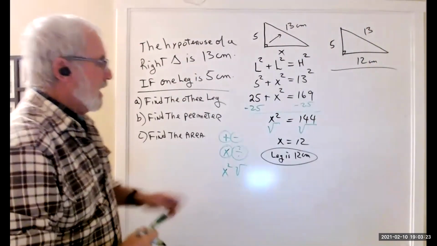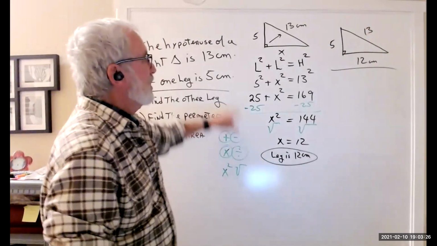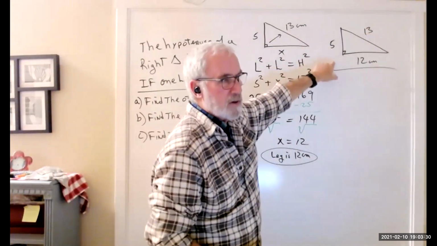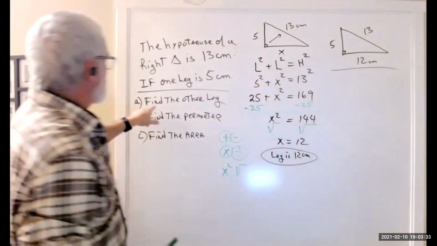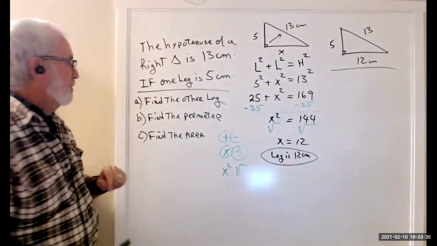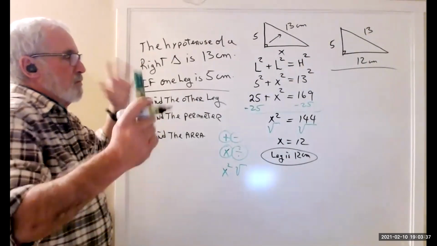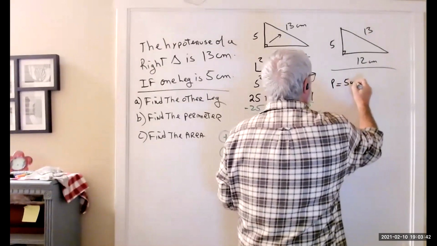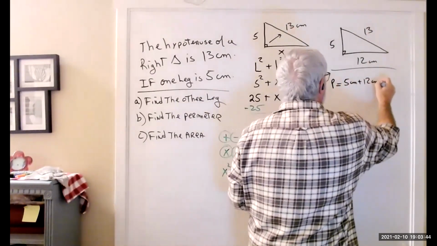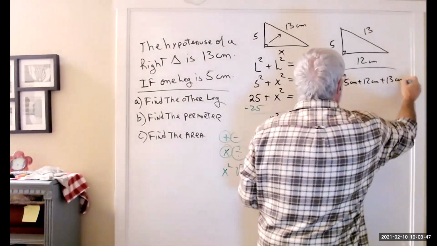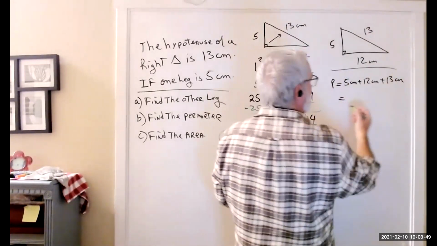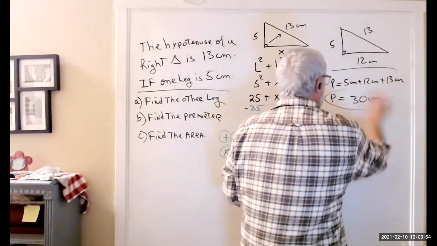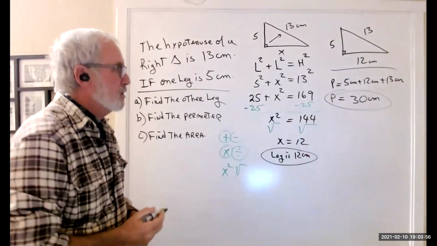I've gone back and used that fact to help me make a more accurate drawing of my triangle. So I did the first thing, find the other leg, 12. Find the perimeter. Well, the perimeter is pretty easy. It's 5 centimeters plus 12 centimeters plus 13 centimeters, which adds up to 30 centimeters.